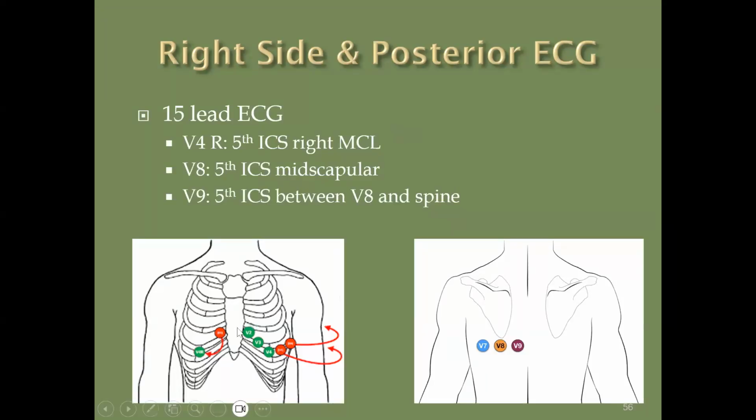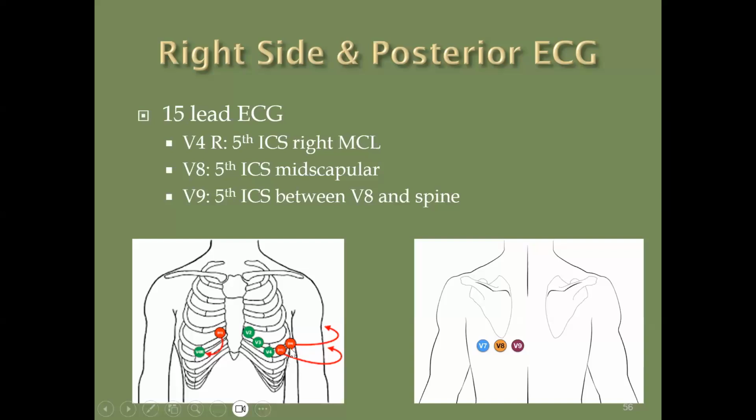You can move V1 down to the same position on the right side of the chest. And what you would look for is ST segment elevation in V4R to tell you that you have a right ventricular infarction. And for those of you that are ALS providers, you know if that's the case, then you don't want to give nitroglycerin because you could severely drop their preload.